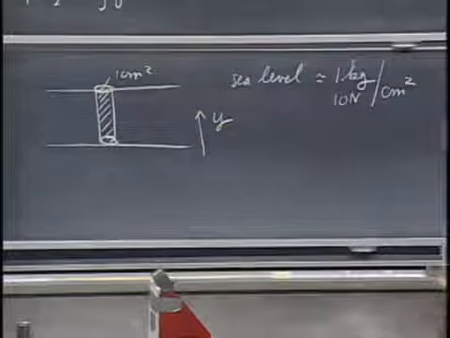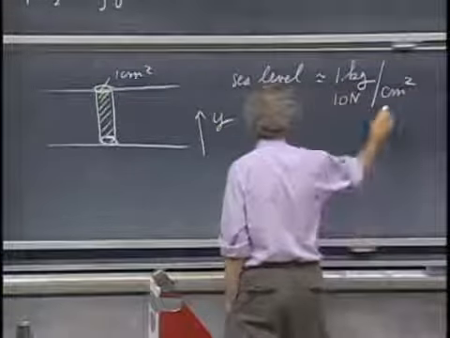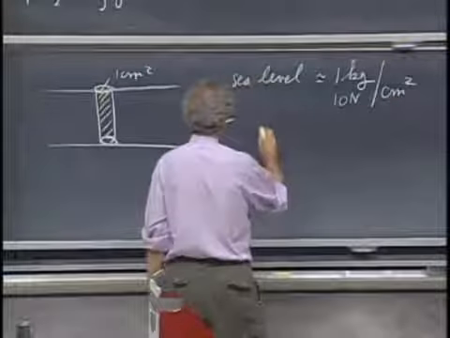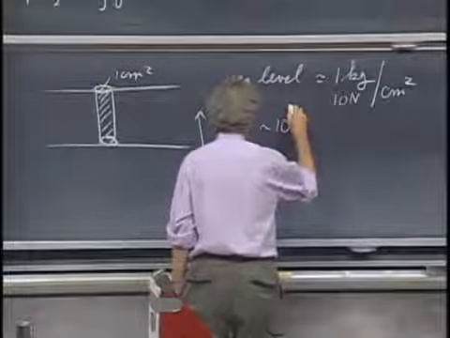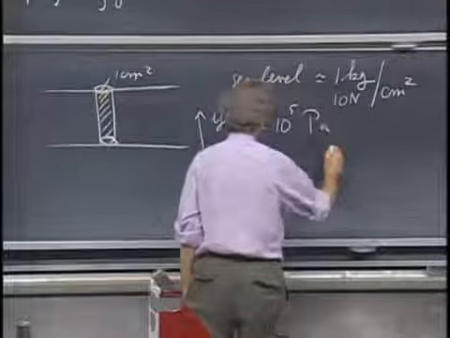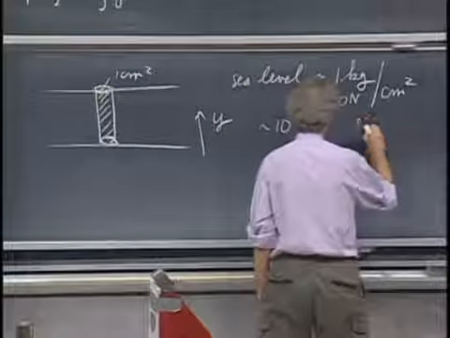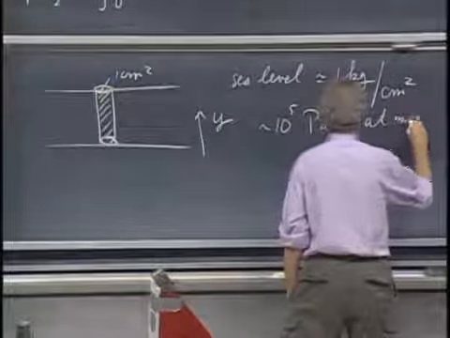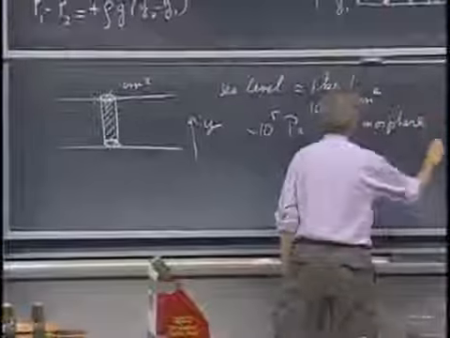1 kilogram per square centimeter, if you convert that to newtons per square meter, then you get roughly 10 to the 5th pascal. And that is called generally 1 atmosphere. It's called the atmospheric pressure.